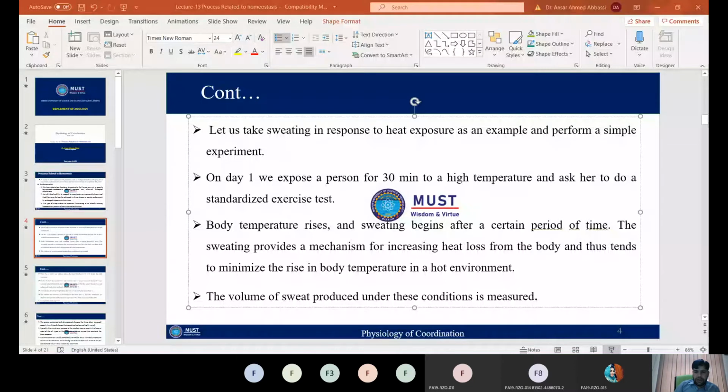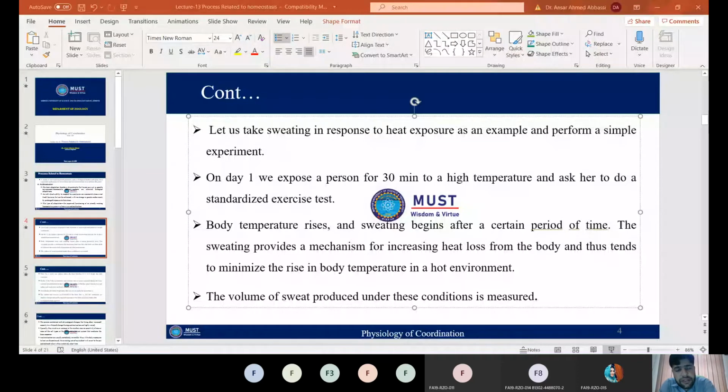So it means that now, after repeated exposure, our body has adapted, and the body will start sweating very rapidly, and sweat will also be produced in a large volume as compared to day 1. It means this sweating was already present in the body.